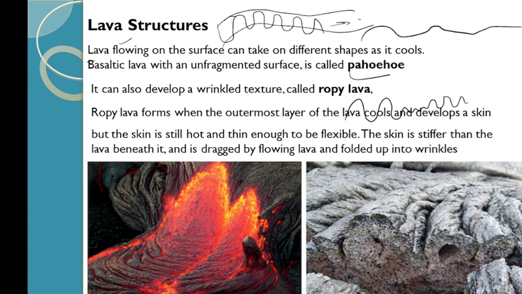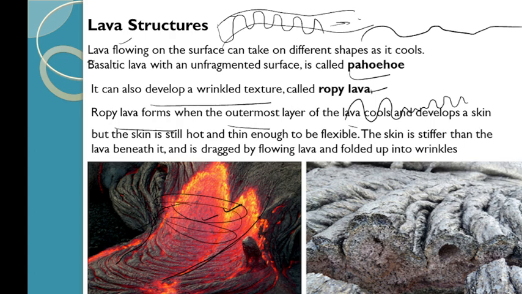Basaltic lava can develop a wrinkled texture, called ropy lava, when the outermost layer of lava cools down. When lava is flowing in a region, the outermost layer is cooling slowly. The outermost layer cools and develops a skin.